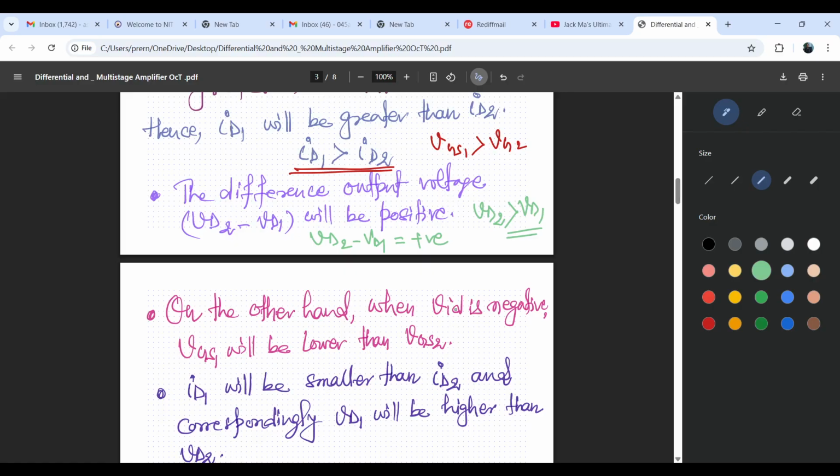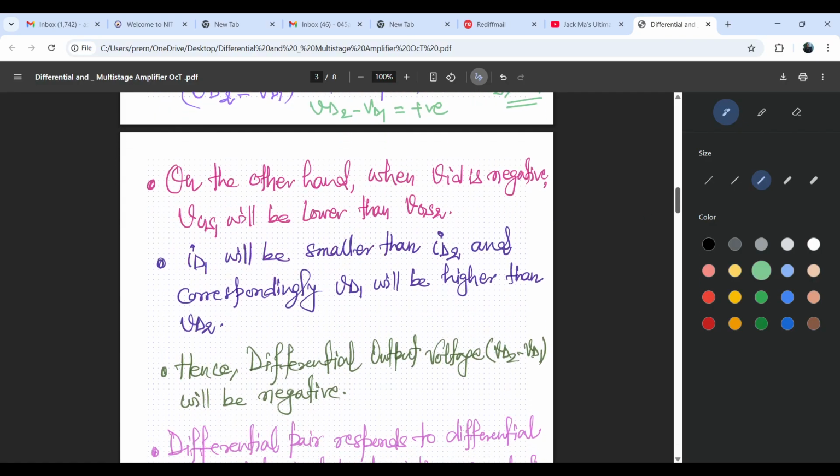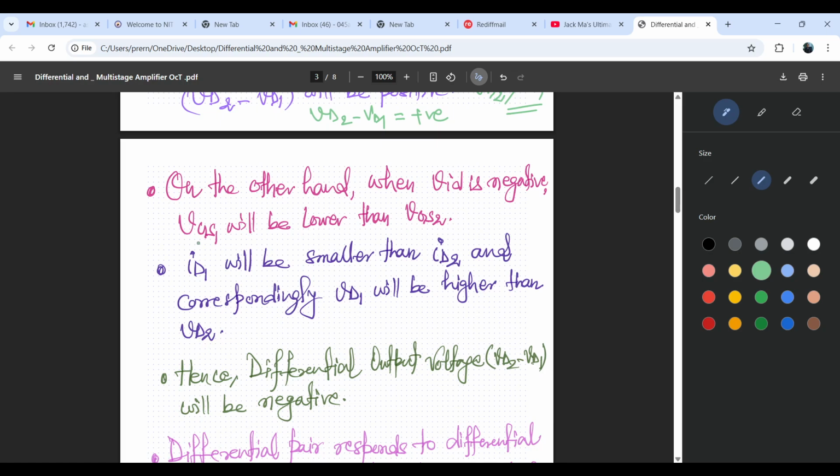On the other hand, when VID is negative, the gate to source voltage will be lower than VGS2. VID equals VGS1 minus VGS2, as we have observed.